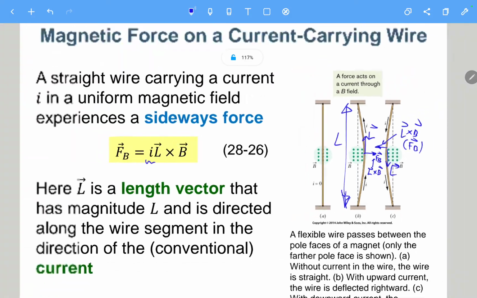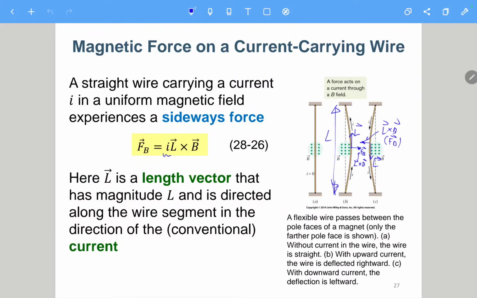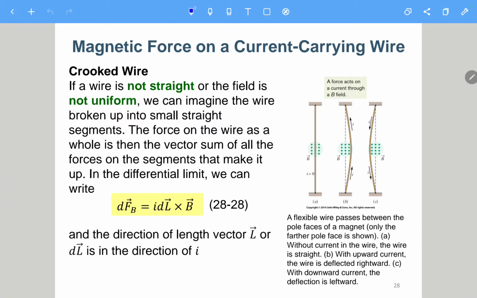And just now I mentioned that we can really consider this the Lorentz force.